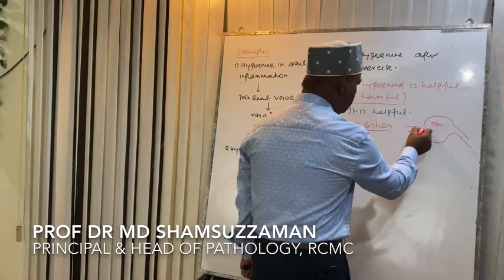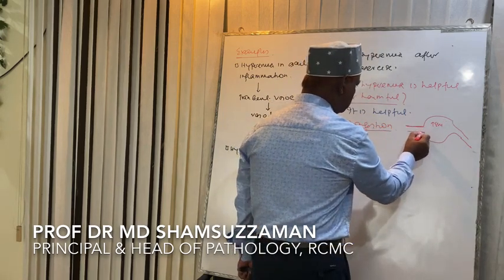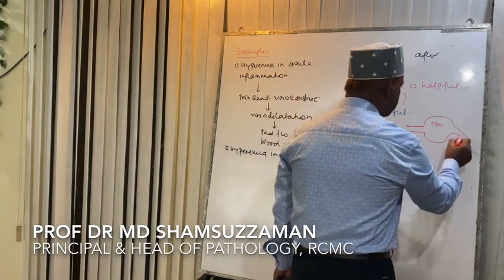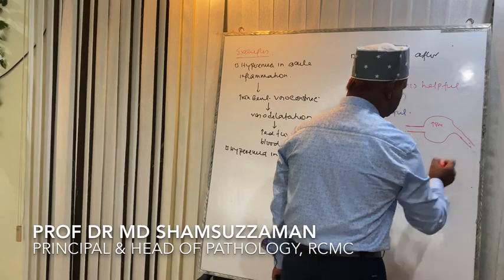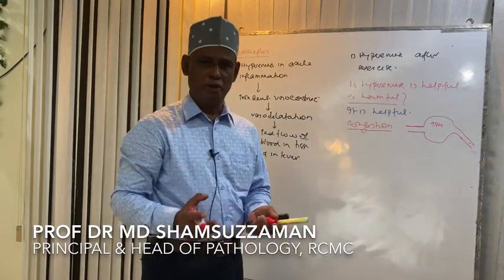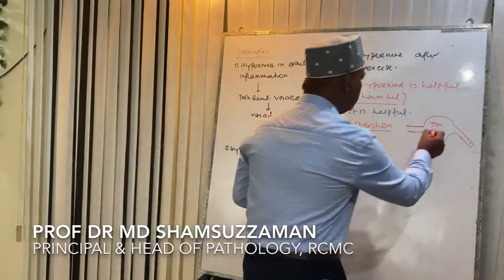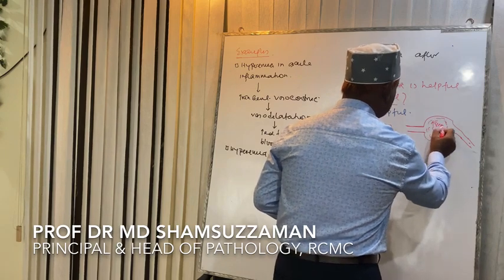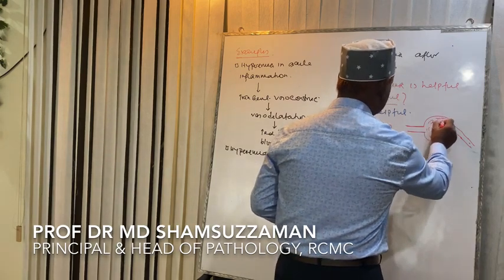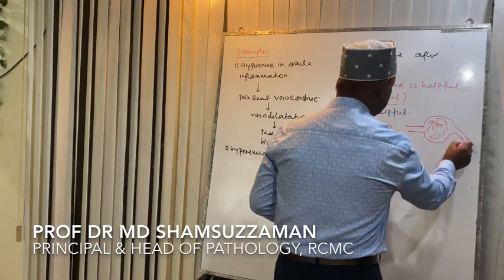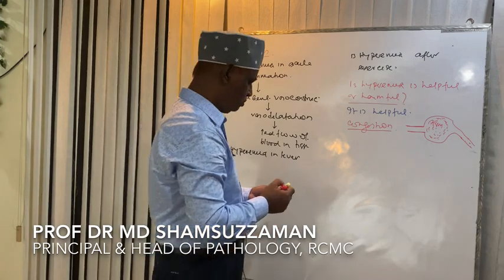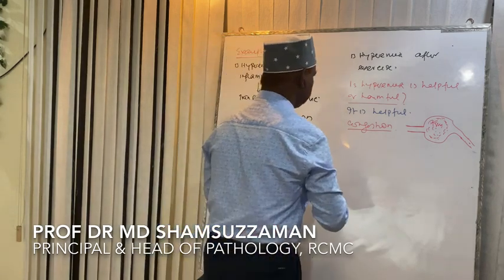If the arteriole is not dilated or constricted, but there is impairment of venous return, there will be accumulation of blood in the tissue, and this accumulation of blood in the tissue due to impairment of venous return is known as congestion. Now come to the definition of congestion.